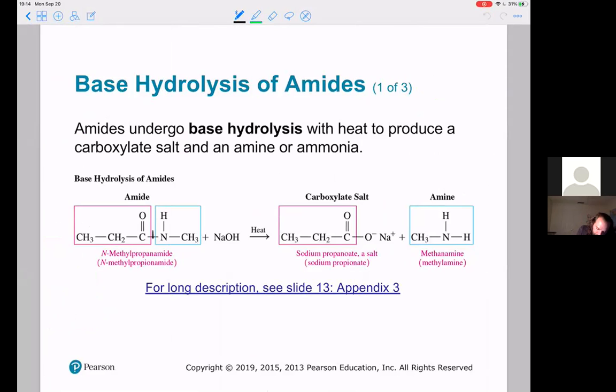Again, cleaving at that carbonyl carbon nitrogen bond. Because it's under basic conditions, I'll get a carboxylate salt where my oxygen will be deprotonated and have a negative charge. And because it's under basic conditions, there's no protons for this amine to accept. So it's just an amine.